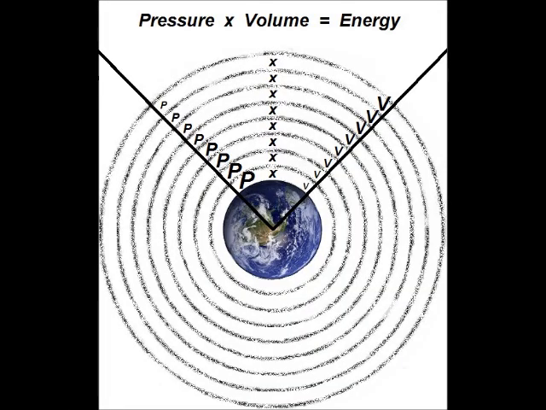When we talk about electricity flowing over the three-dimensional cube, to give us a better understanding or perspective on this, if we look at this diagram, we can see that the ether of space surrounds the Earth, and energy is also in the form of pressure times volume.